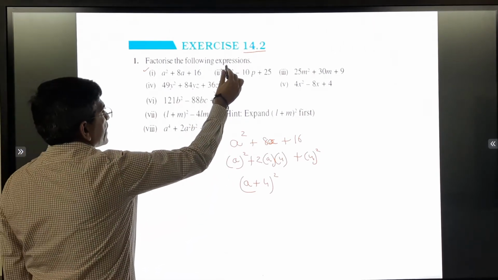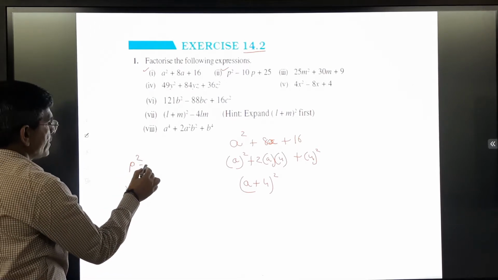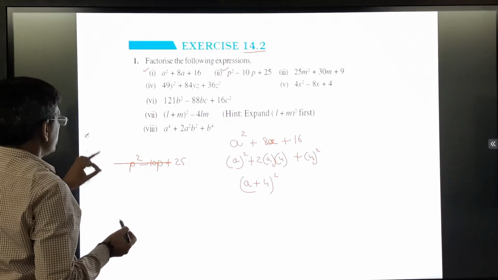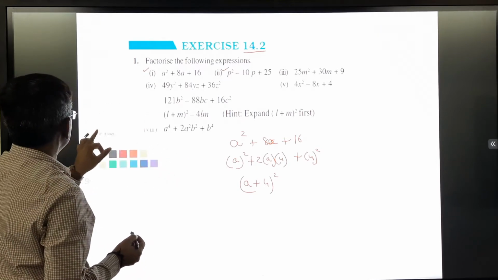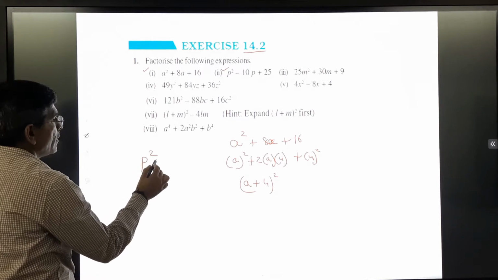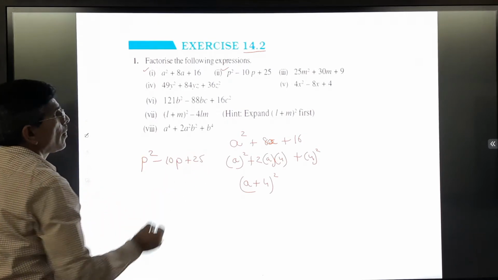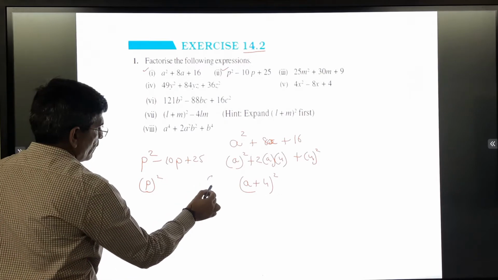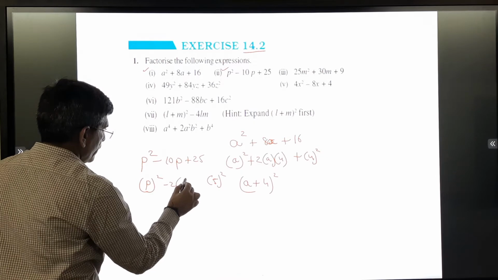Now second, p square minus 10p plus 25. So again p whole squared, then 5 whole squared, and in between 2 into p into 5.